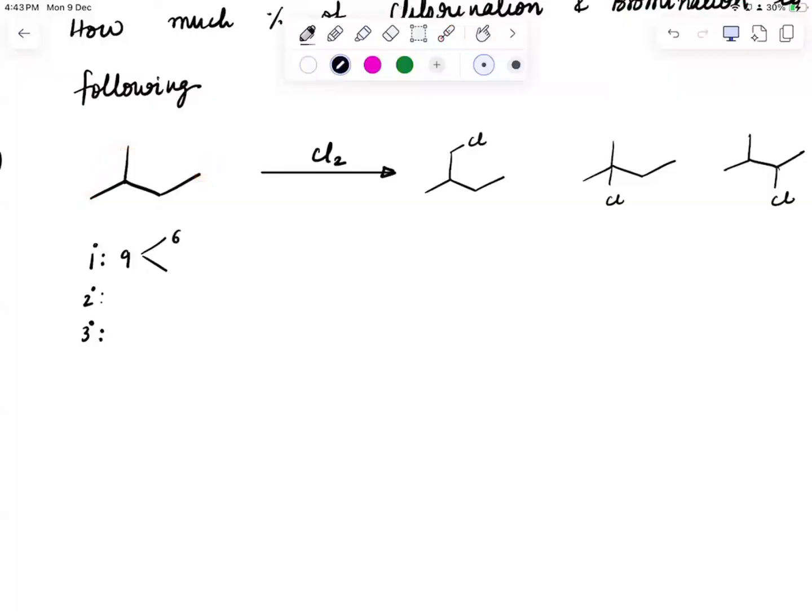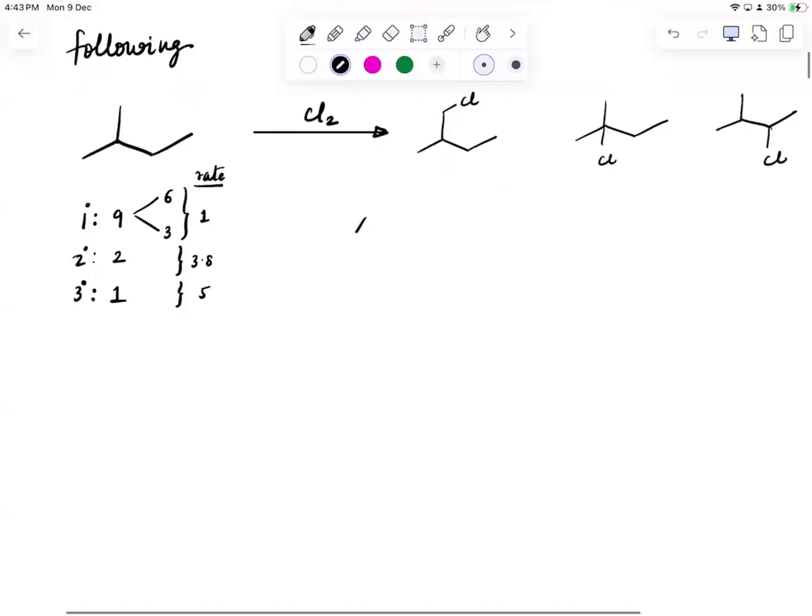So this is categorized again into 6 and 3 types. 2 degree, there is only one, and that too two hydrogens. 3 degree, I have one. The contributing factor for 1 degree is always 1, for 2 degree it is 3.8, and for 3 degree it is 5. This is the rate ratio with which the chlorine will attack.